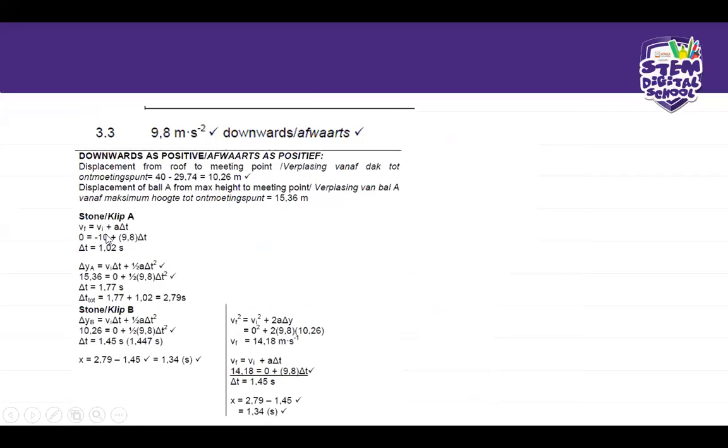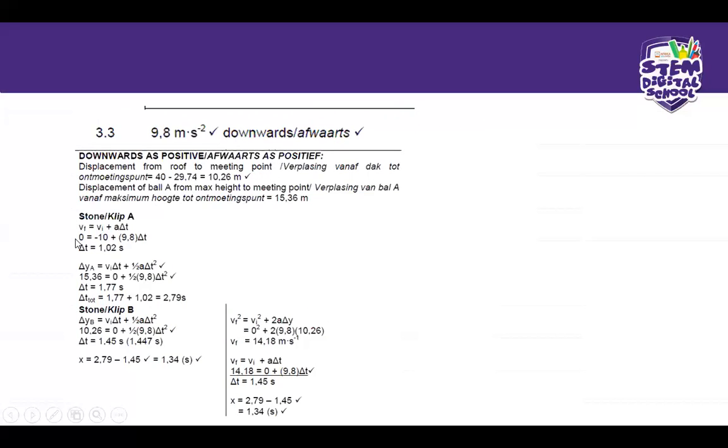Now we find the change in s, which equals v triangle t plus half a t squared.